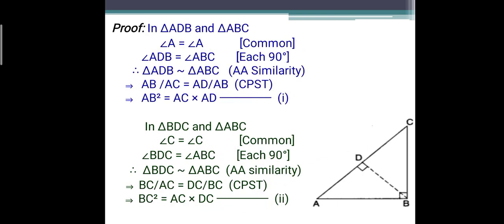Now, coming to the proof, first I showed triangle ADB and triangle ABC are similar, and from this I derived equation 1, that is AB square equals AC into AD. Similarly, I showed triangle BDC and triangle ABC are similar, then derived equation 2 using it, which is BC square equals AC into DC.